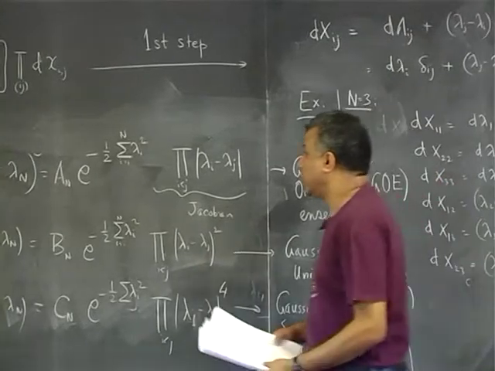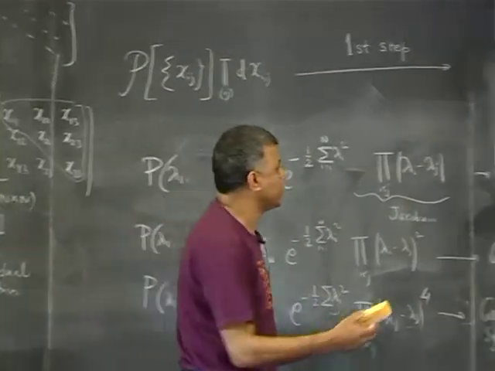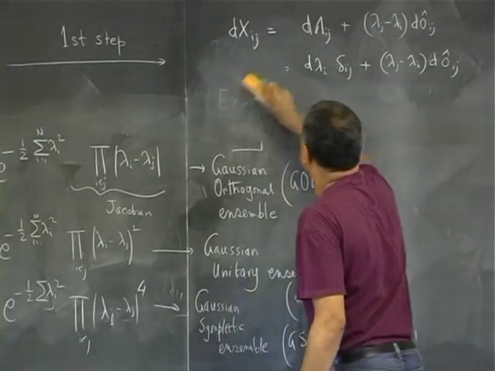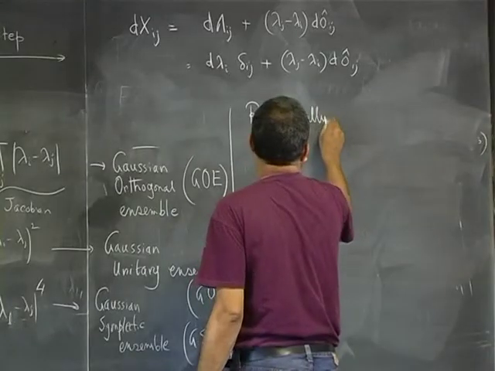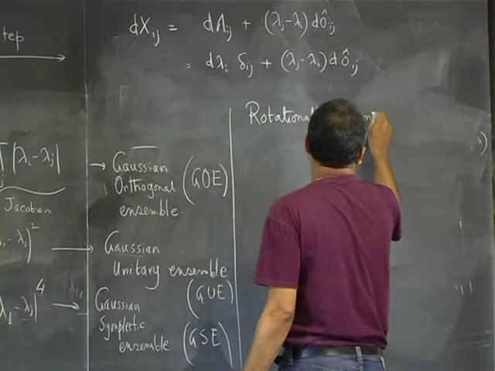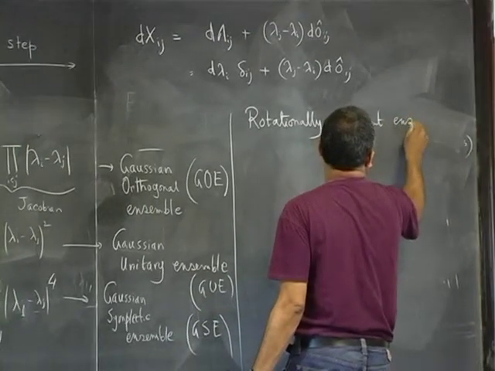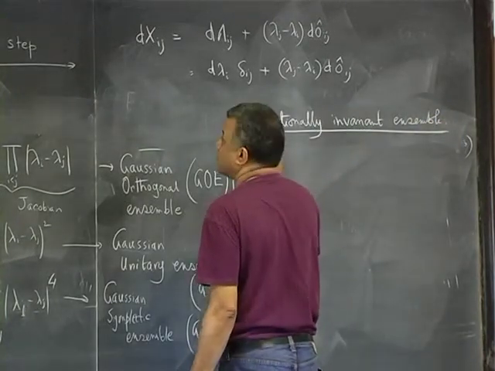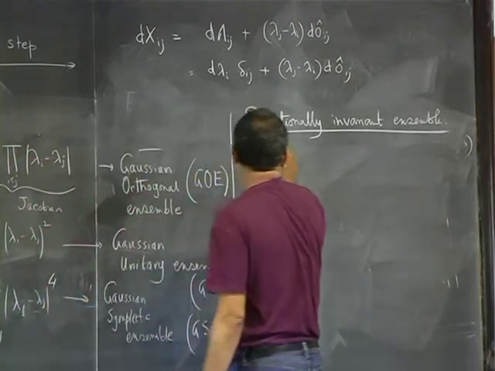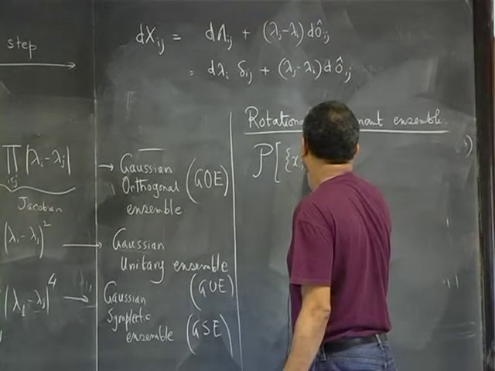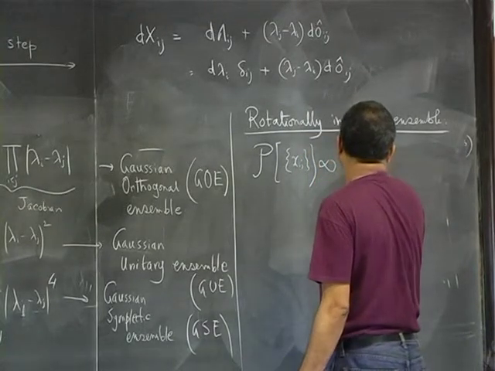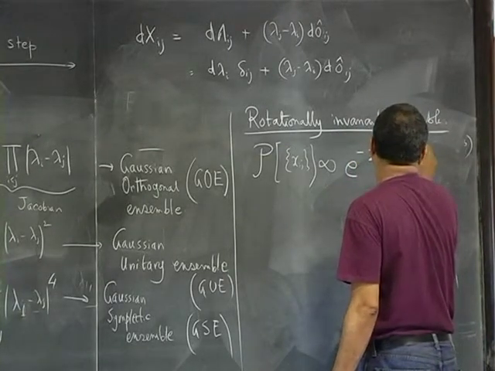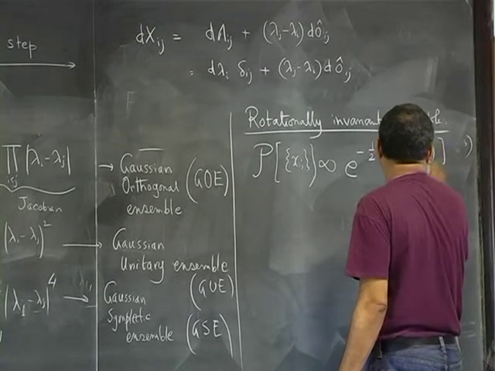Okay? So in general, if I go beyond Gaussian, for instance, I could choose the entry distribution to be proportional to exponential of minus half trace of some polynomial V of X, where X is a matrix.